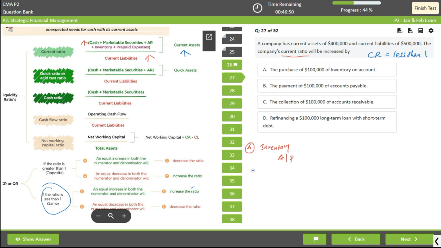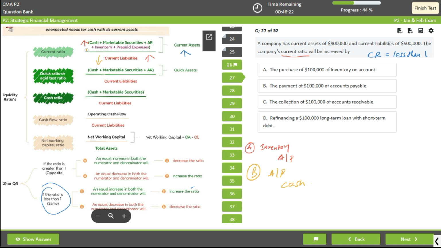In the second case, what is happening? The payment of 100,000 of accounts payable. When you pay your accounts payable, you debit accounts payable and credit cash. Your current liabilities decrease and your cash also decreases.